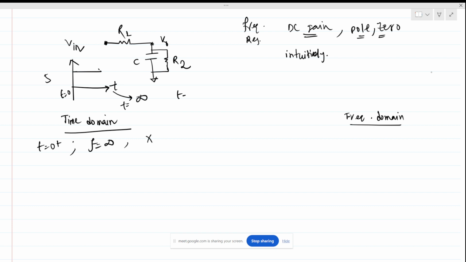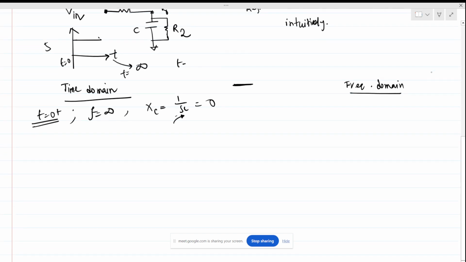The capacitive impedance is 1 over SC, so if S becomes infinity, the impedance becomes 0. Zero impedance means a short circuit, right? So now at t equals 0, the picture will look like the following.